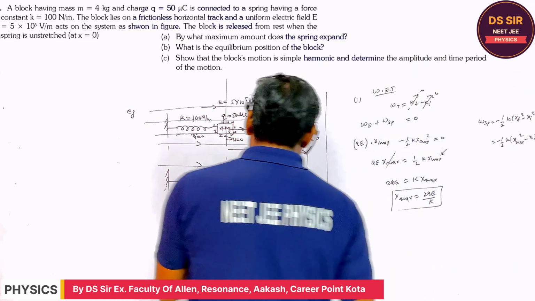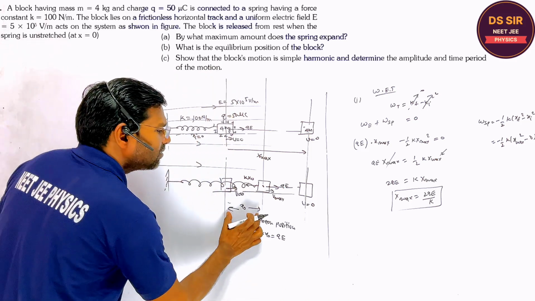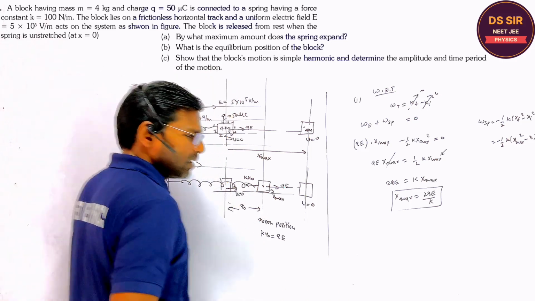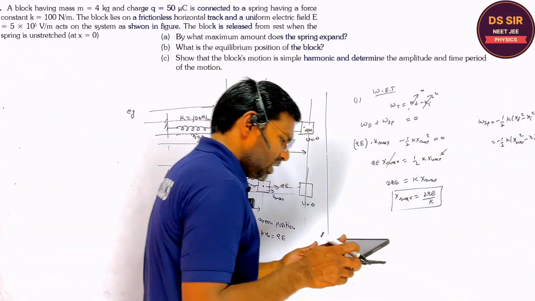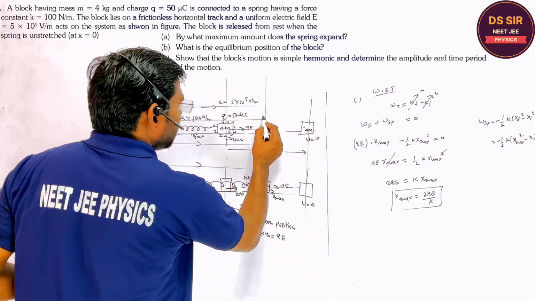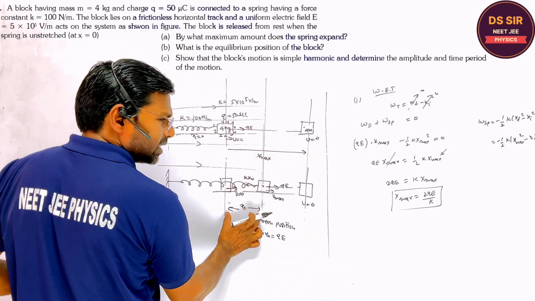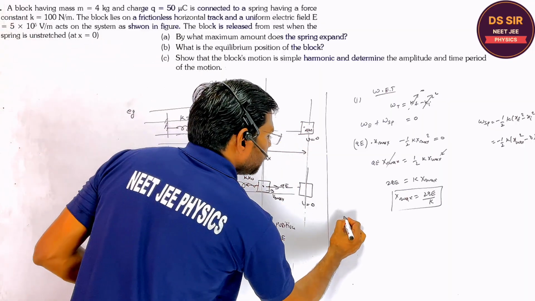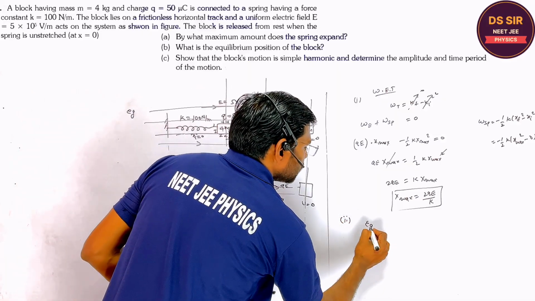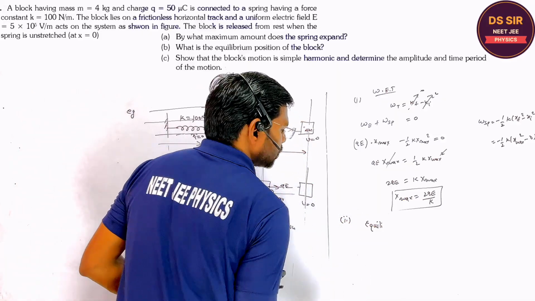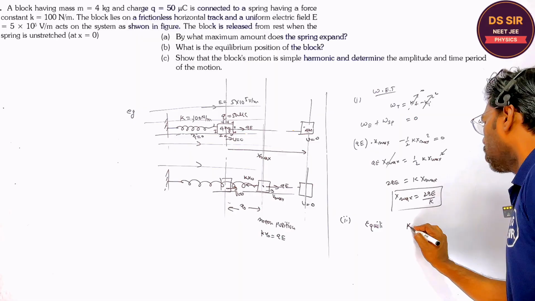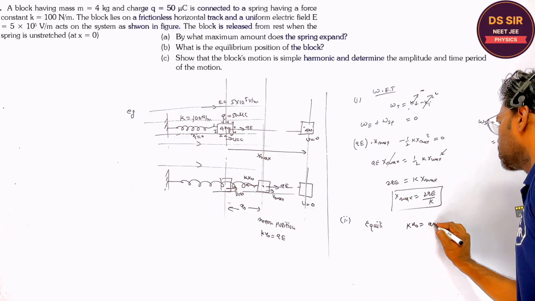Listen one thing. In the second part, they are asking the elongation in the spring in the mean position. What is the equilibrium position of the block? They want to find this. So at equilibrium condition, k x naught must be equal to QE.